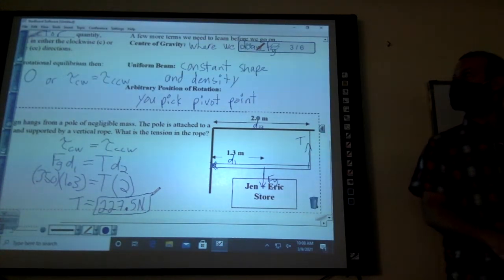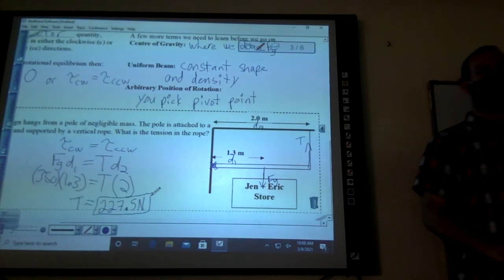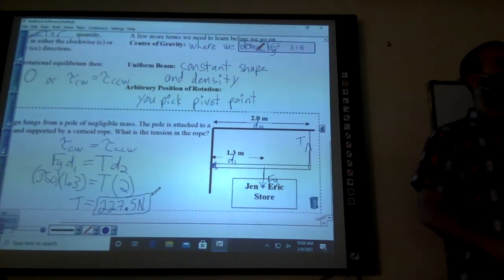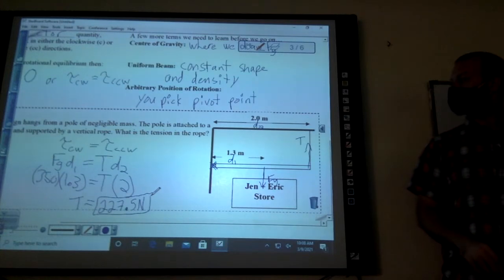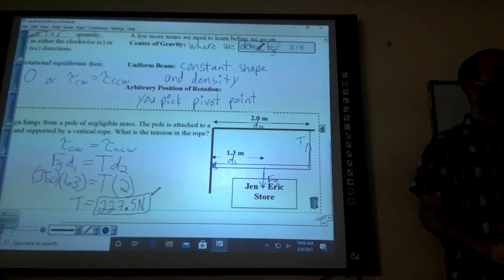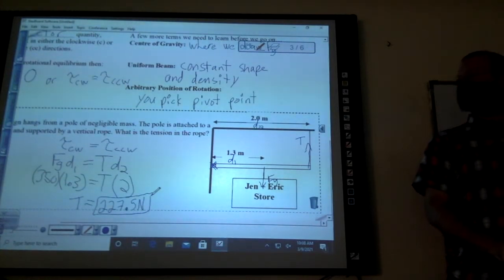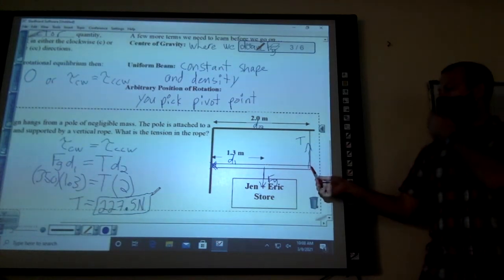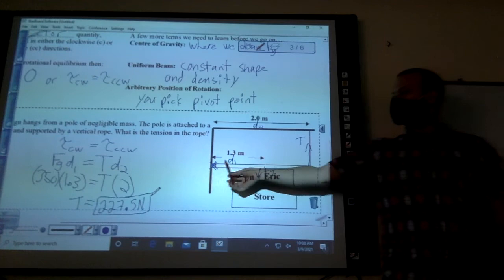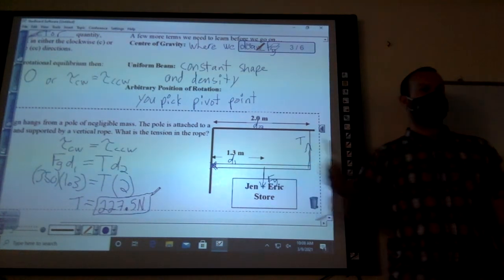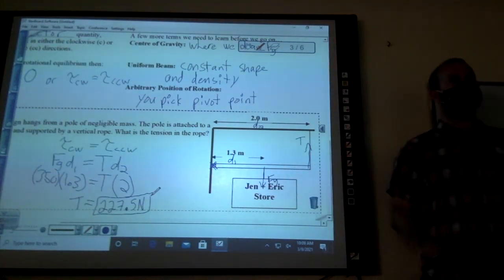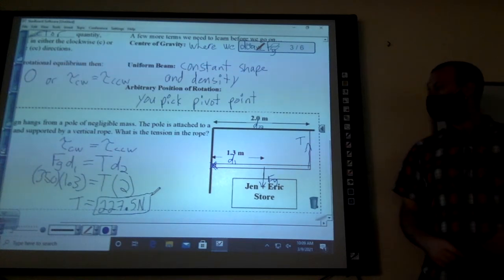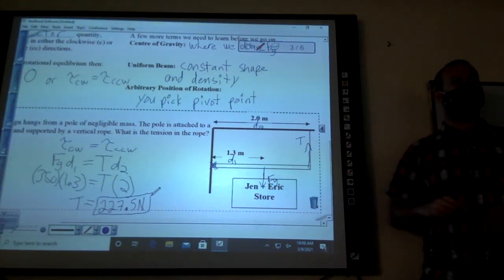I didn't ask for you to tell me direction because you already showed it in the free body diagram. Because we want distance to the pivot point. So if my tension acts here, my pivot point is over here. So that's why I picked that as my distance. You're told this in the question.